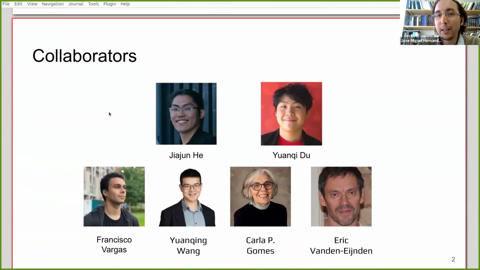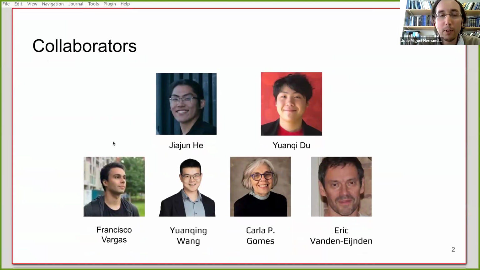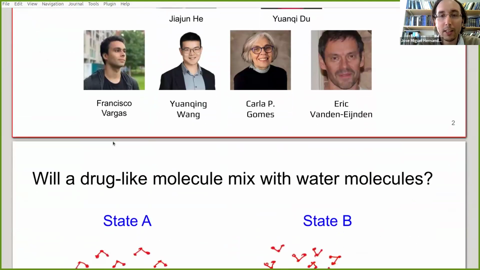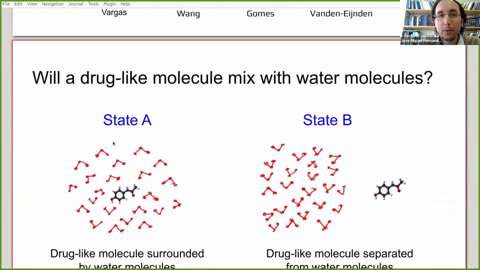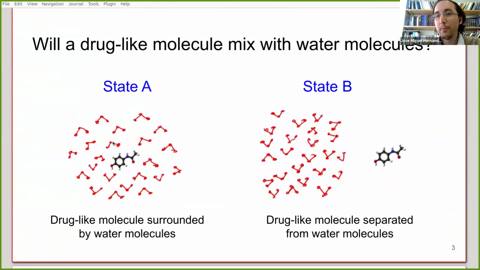My contributions here were not that much, but most of the work is due to Yaojun and Yanchi and collaborators as well. But I'm really excited about this work, and it's a good way to connect the areas of machine learning and molecular modeling and simulation.